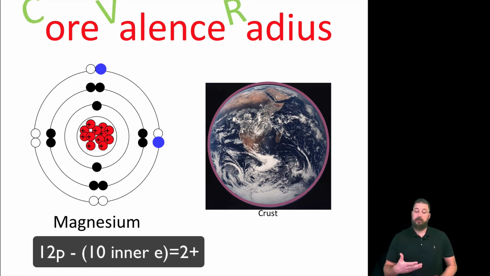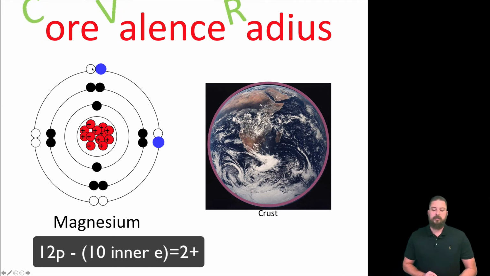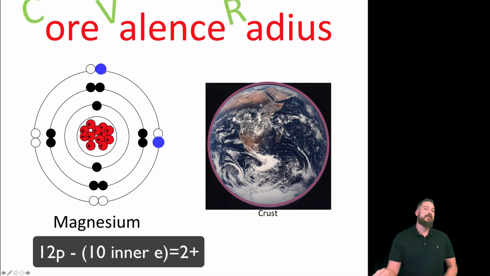And so because there's 10 electrons underneath that, what we would do is subtract those from the 12, which would end up getting a 2. So even though there's 12 protons here, this electron does not sense the 12 protons. It actually only senses 2 of them because those 10 inner electrons are blocking some of that charge.